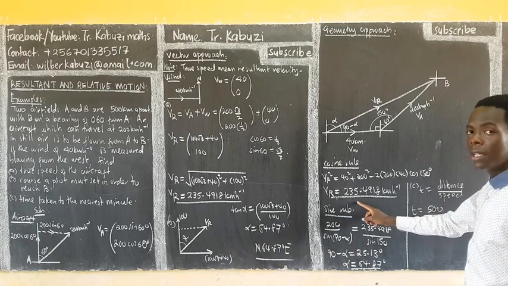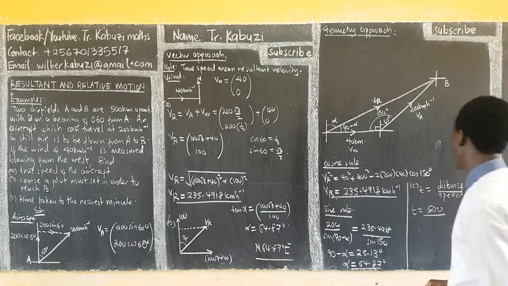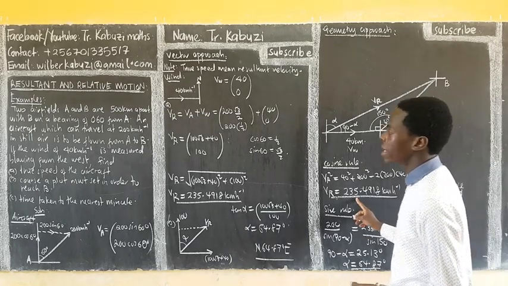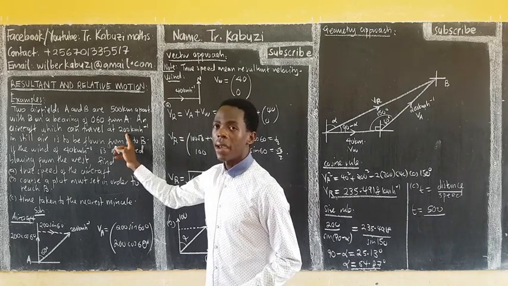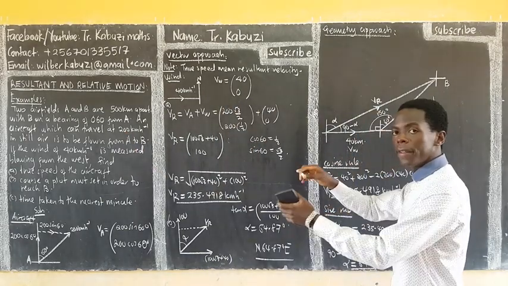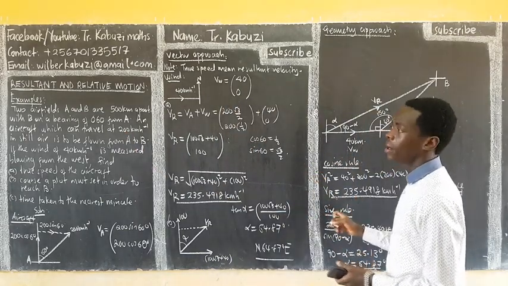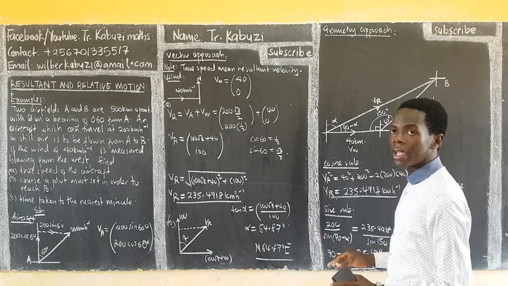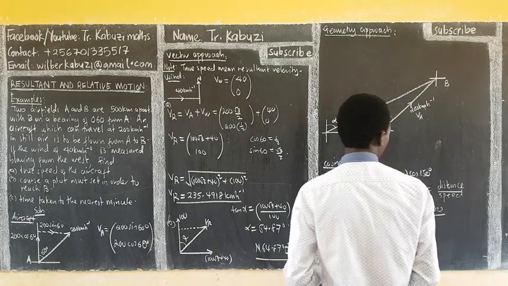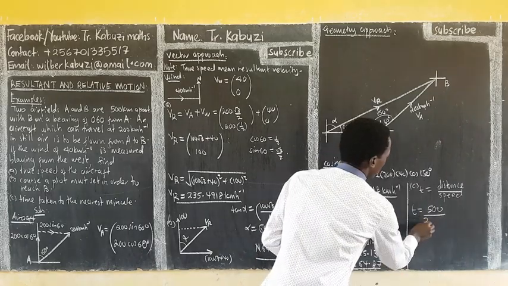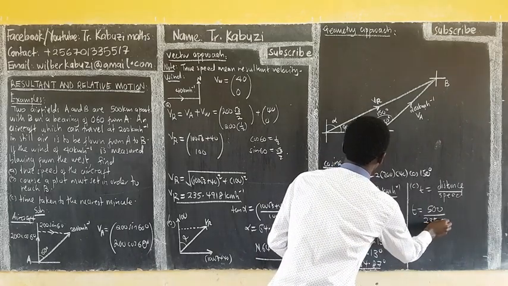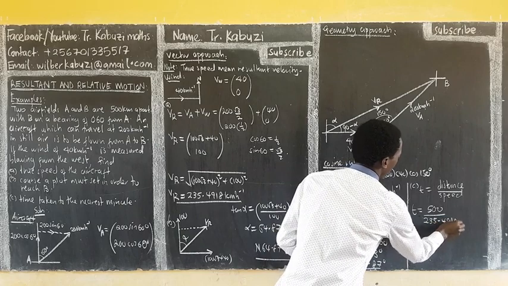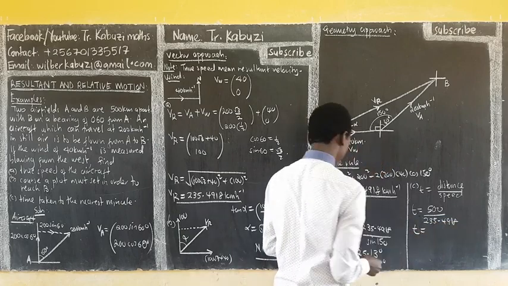Now this is the speed which the aircraft is moving at. I think we see it's greater than the one which is still here, because here there is action of the wind. That's why it's faster than the other one, when it's still here, meaning when there is nothing acting on it. Okay, over 235.4918.